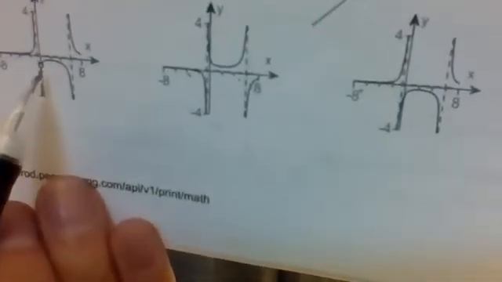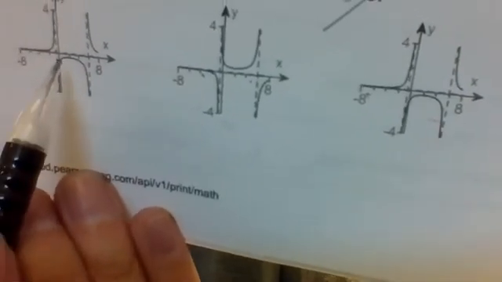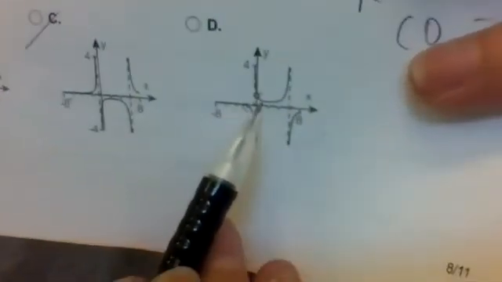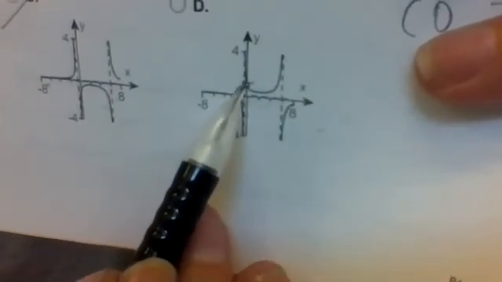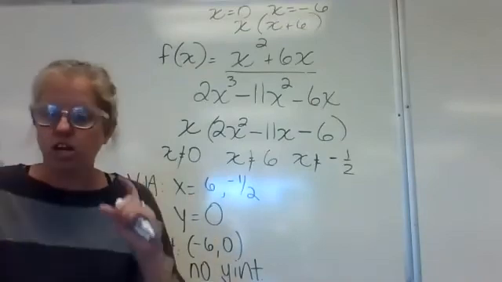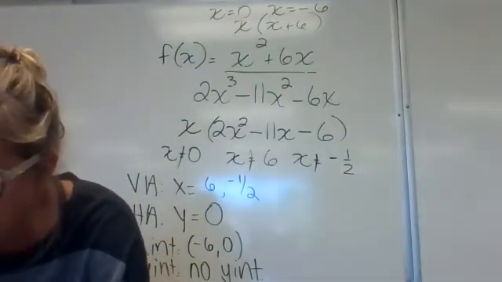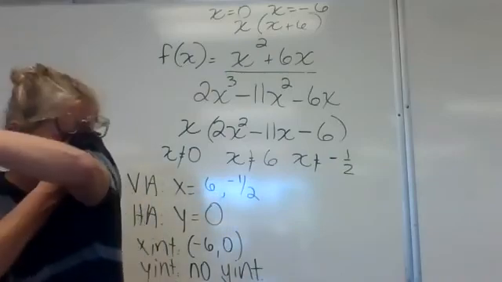So here's the distinguishing mark. This one, look, it doesn't cross the y-axis because it has what's called a hole. Same thing here. It doesn't cross the y-axis because it's got that hole in the graph. So now here's what you want to do to find out which one that is. One of the holes is at -1 and one of the holes is at +1.